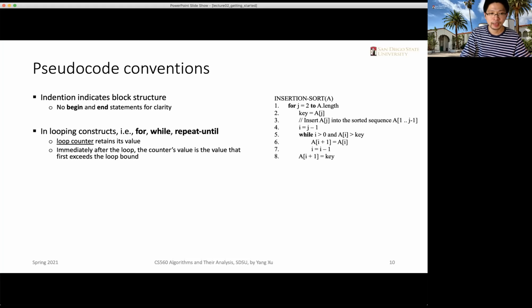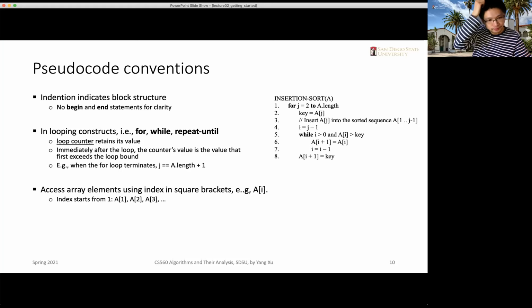In this case, the j will retain its value immediately after the loop. The loop counter's value is the value that first exits the loop bound. So in this case, after the outside for loop has ended, the value of j would be A.length plus 1, because it's the immediate value that exits the loop bound.